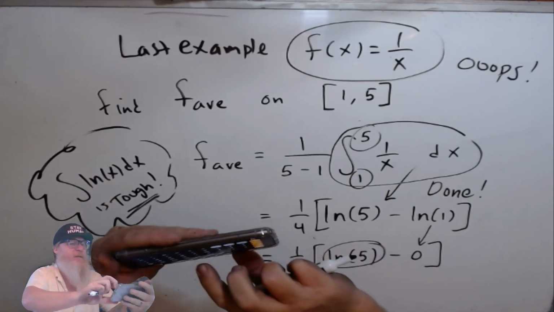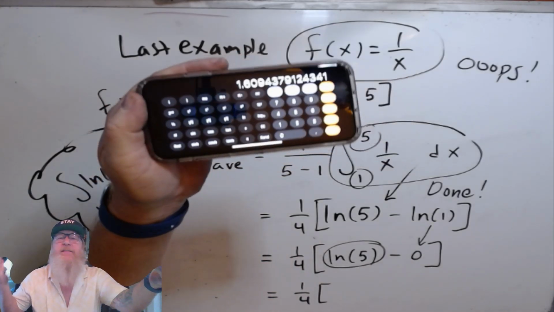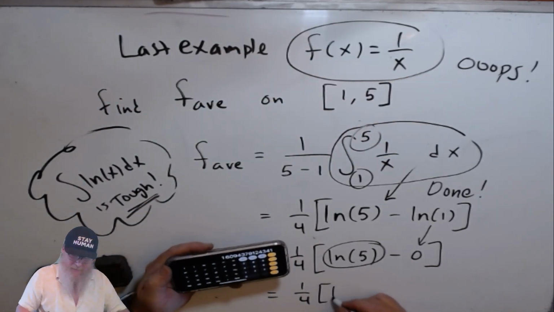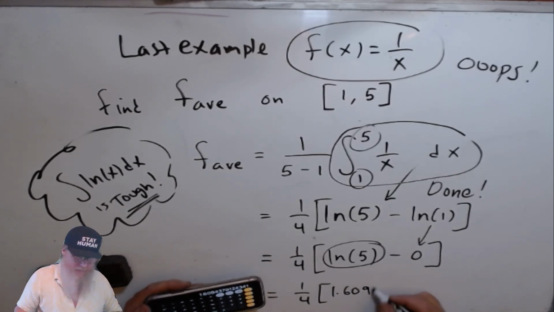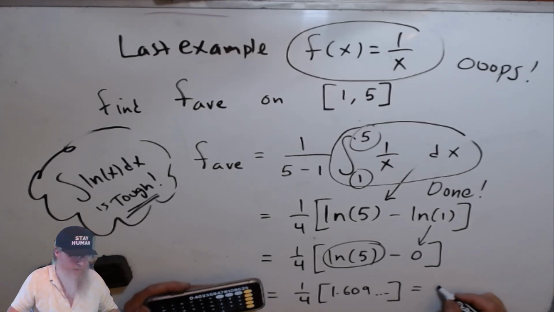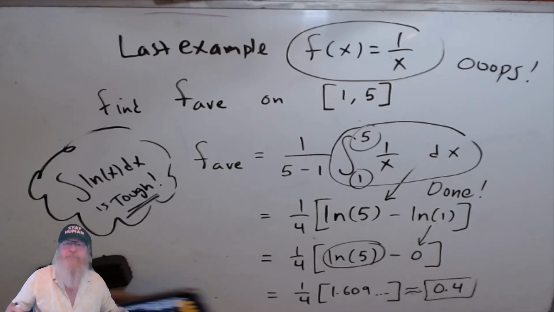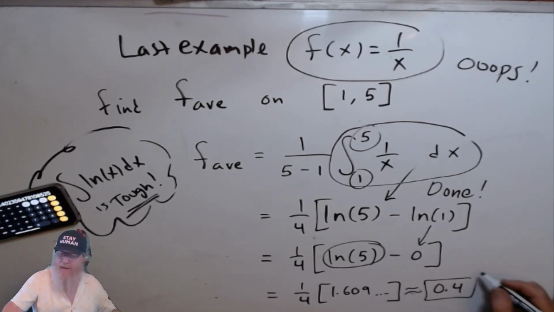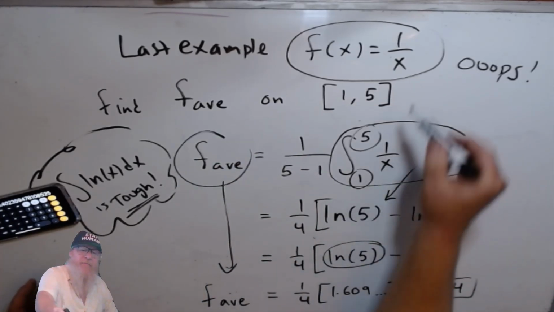Oh, I could tell I'm getting tired, and I think you could tell too. That's my ln in the modern sense because I have a calculator. 1.609, and so on, divided by 4. And I get 0.4, approximately. So that's my f(av) for this function.